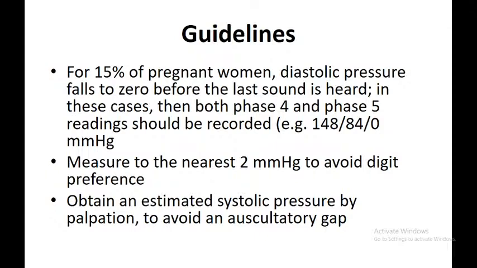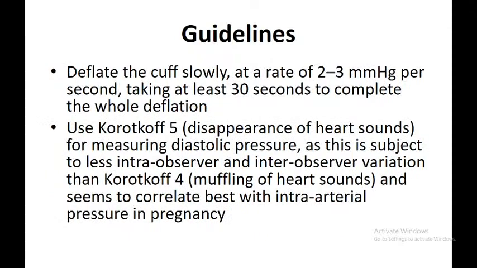And we need to measure to the nearest 2 millimeters of mercury to avoid digit preference, and obtain an estimated systolic pressure by palpatory method to avoid an auscultatory gap. And deflate the cuff slowly at a rate of 2 to 3 millimeters of mercury per second, taking at least 30 seconds to complete the whole deflation.